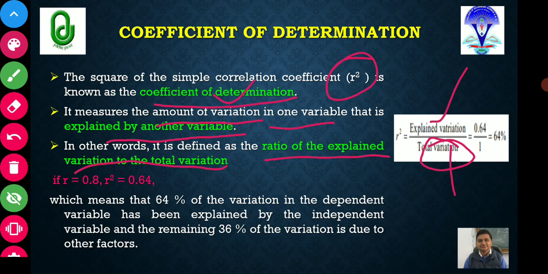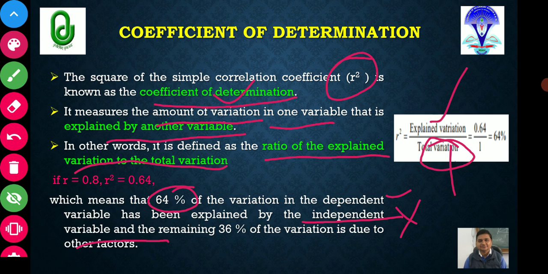Here is one example. If r, that is the correlation coefficient, is 0.8, what will be r square? It will be 0.64. That means 64% of the variation in the dependent variable, that is y, has been explained by the independent variable, that is x.